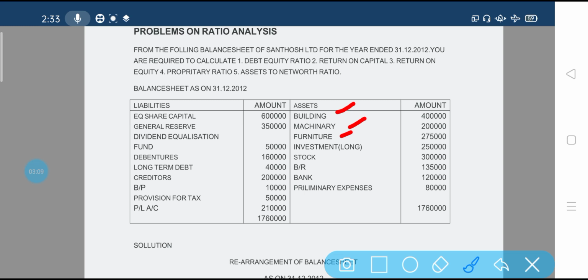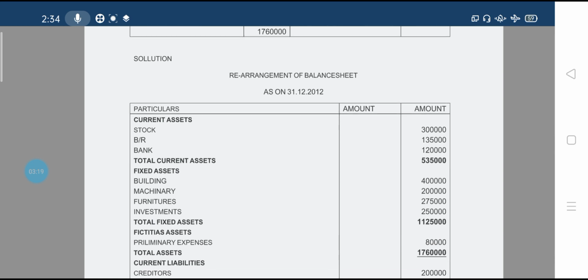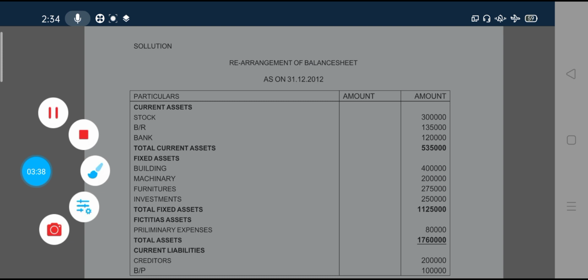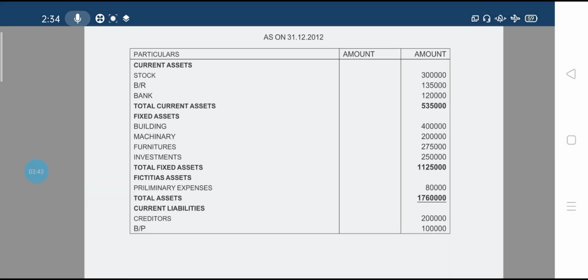These three are fixed assets, and investments 2 lakh 50,000 is also taken under fixed assets. So the total fixed assets are 11 lakh 25,000.